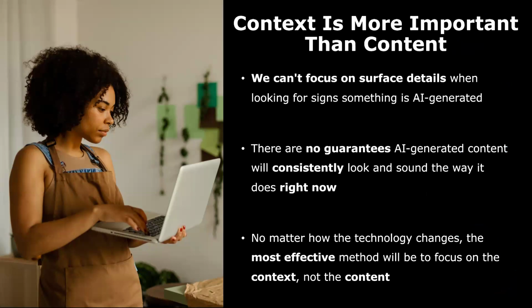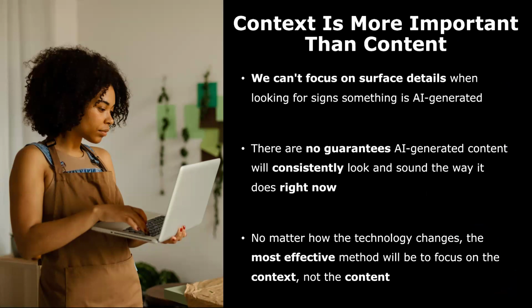When I first started working on this presentation, I assumed the advice I would be giving you would be to show you how to spot obvious flaws in AI-generated content, saying things like, look at the hands, listen for unnatural stutters, notice if the textures are too smooth, and so on.